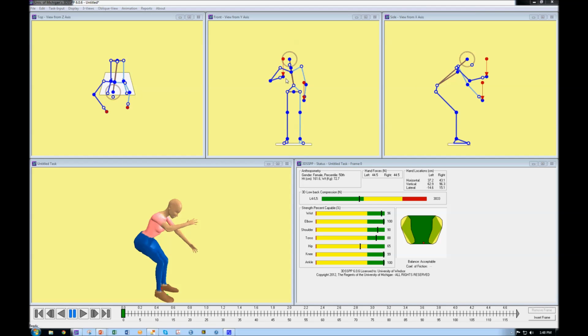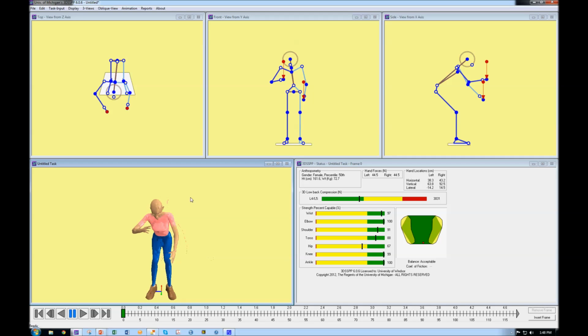And for more finite control, you can look at the different views. For instance, if you want to move the right hand laterally, you may want to choose the front view, such that the mannequin down here in your bottom left-hand view can move with more control in the lateral direction if you use that specific plane.